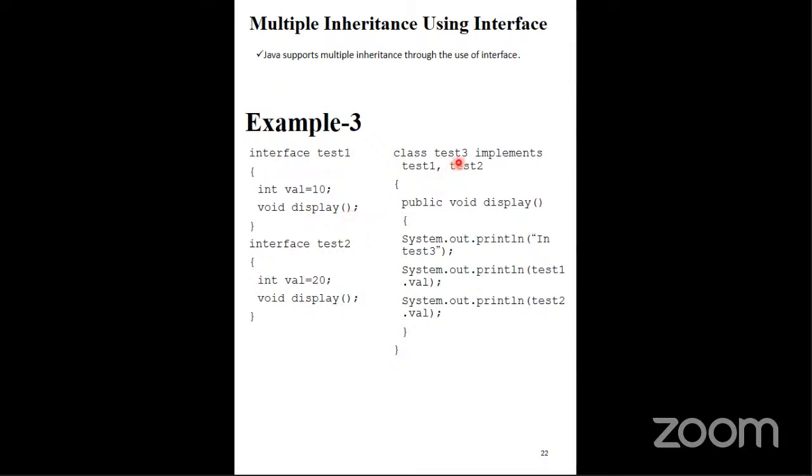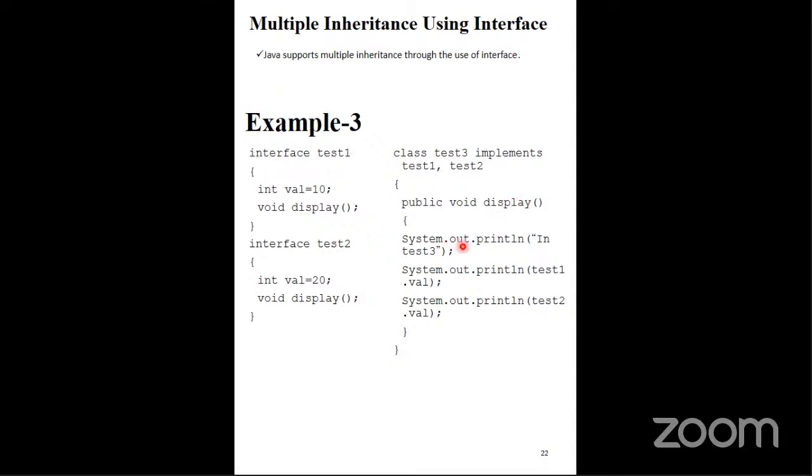Now, if a class implements both the interfaces, it has two constants with the same name, val. It has two abstract methods to be implemented, display. So now in this particular class which implements both the interfaces Test1 and Test2, public void display.